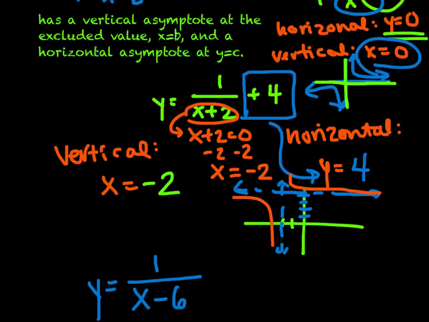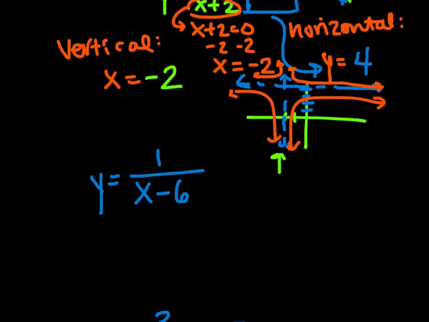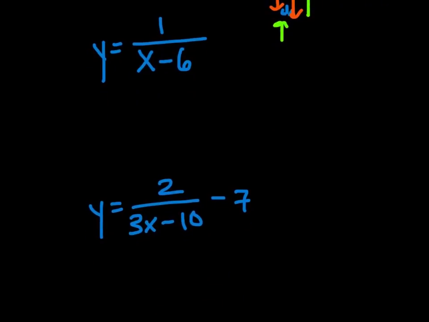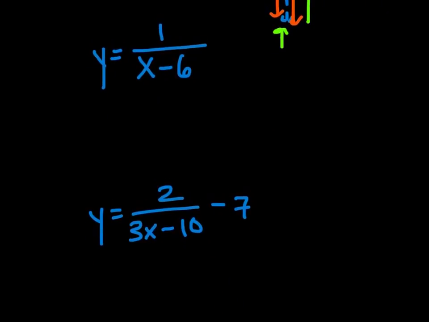Maybe it's a graph that looks something like this. It could also be a graph that has everything opposite and looks something like this. Regardless, we have our asymptotes where things are not going to cross. So let's have some practice with finding some of these asymptotes and identifying those and that sort of thing.